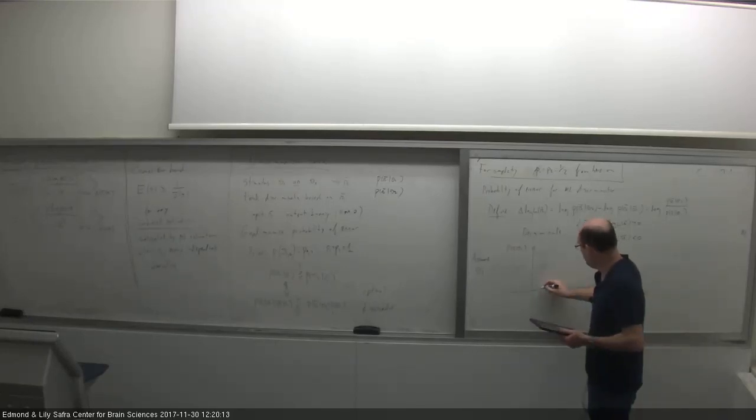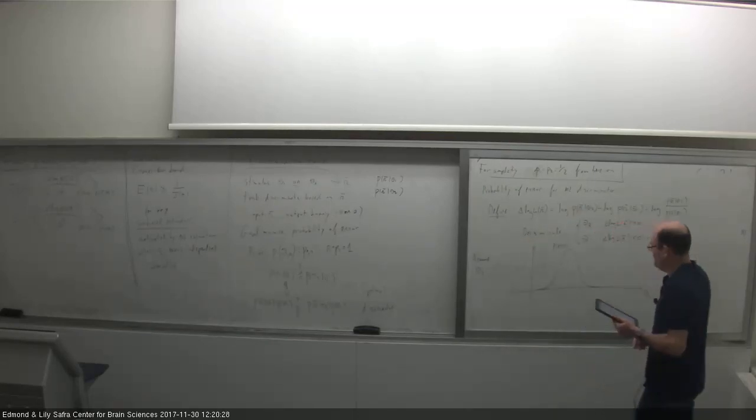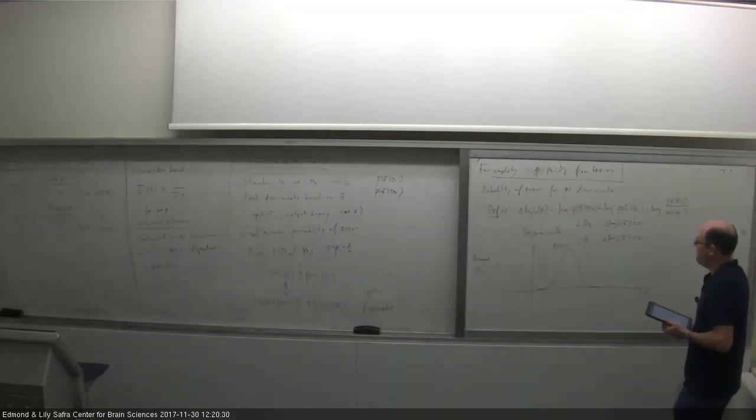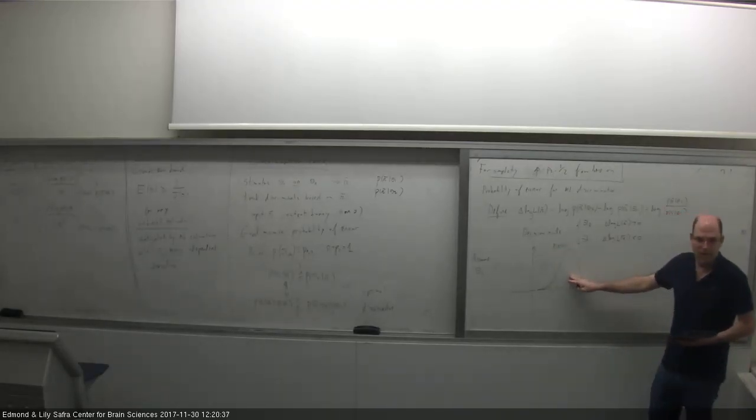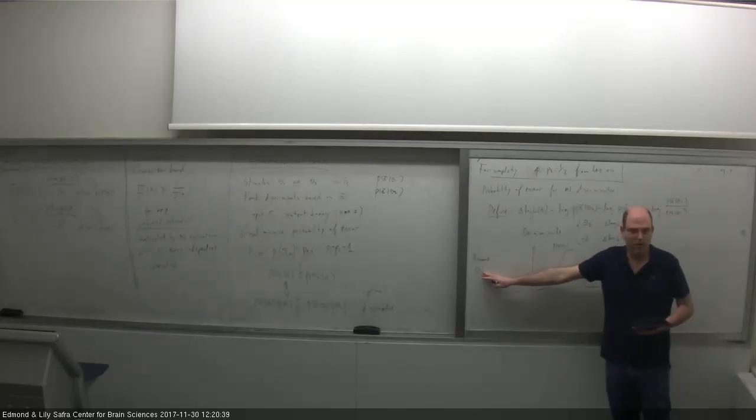It might have some structure that looks like this. Okay, this is P of R given theta 1. And so the responses are drawn from this probability if the stimulus is really theta 1.